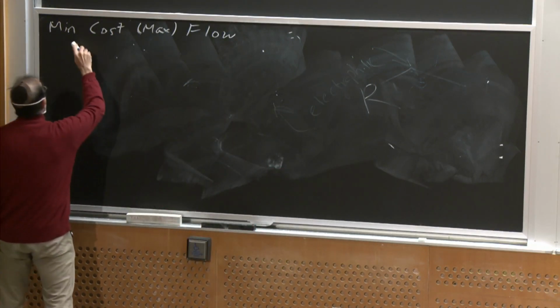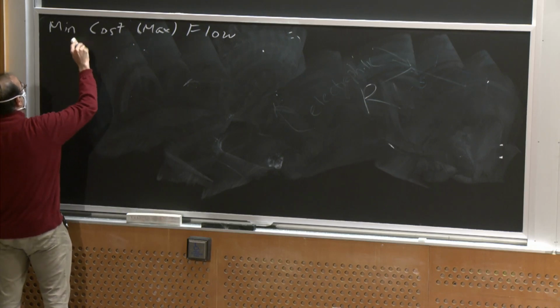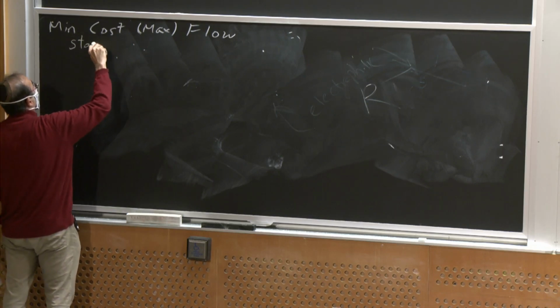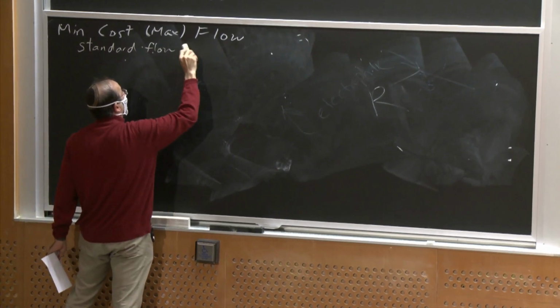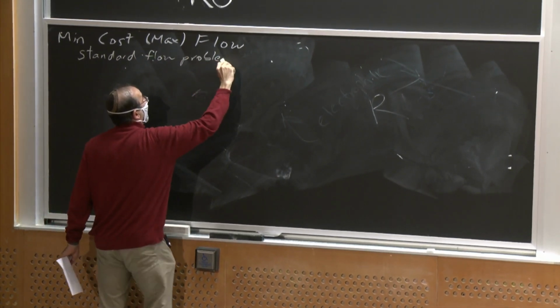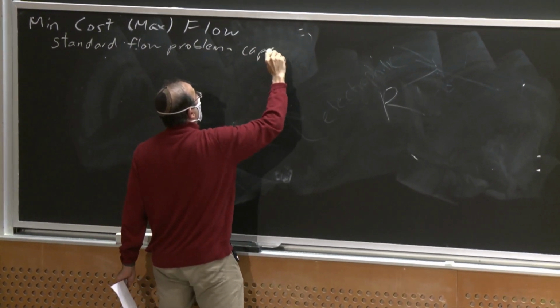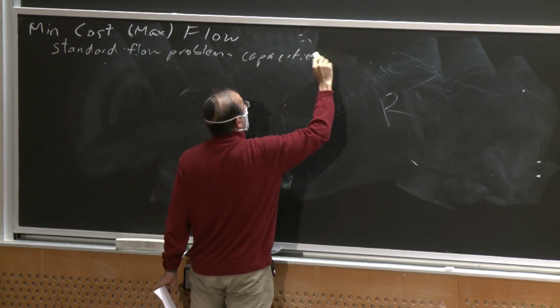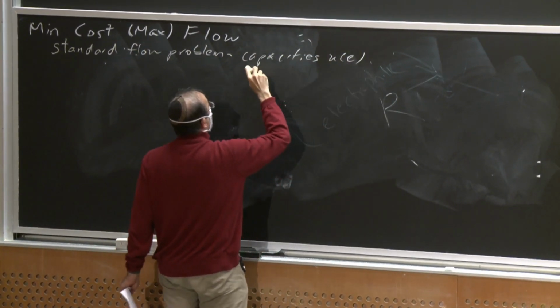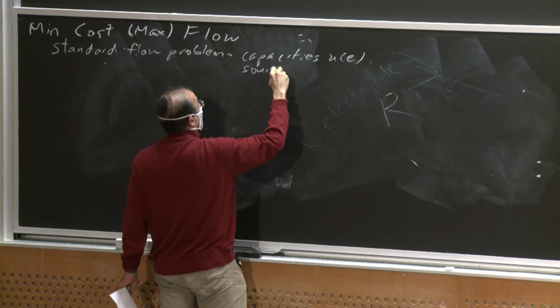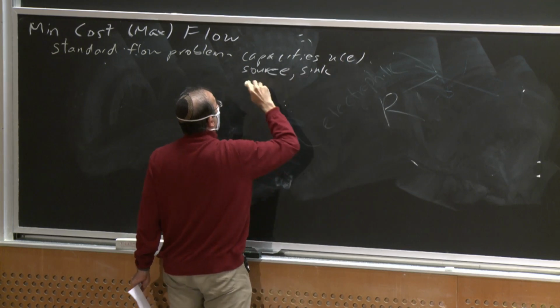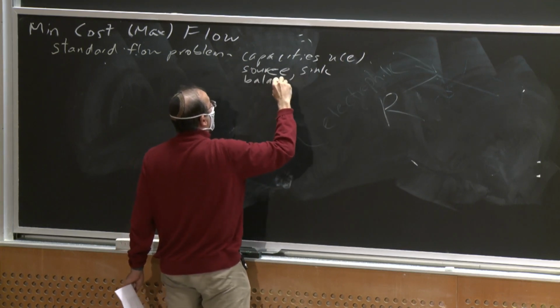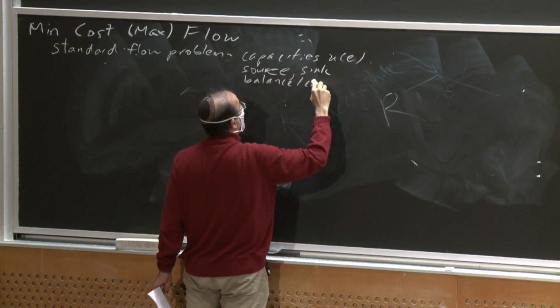So the idea here is that we have a standard flow problem, with all the usual stuff: capacities, u v, source and sink, and the balance and conservation constraints, the balance and capacity constraints.